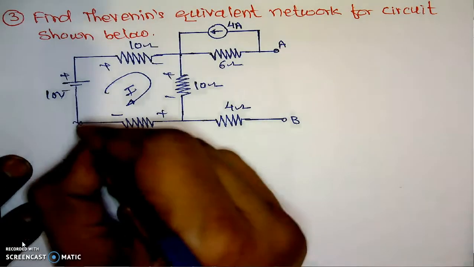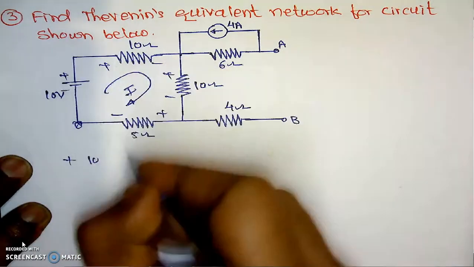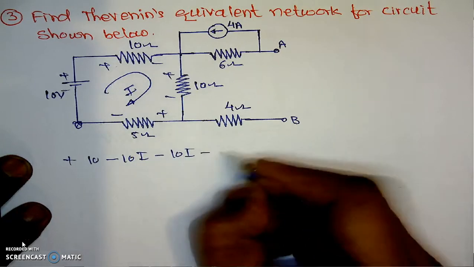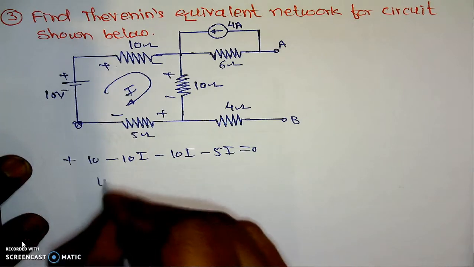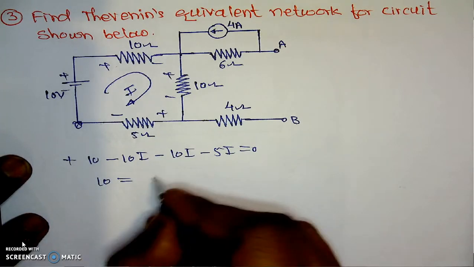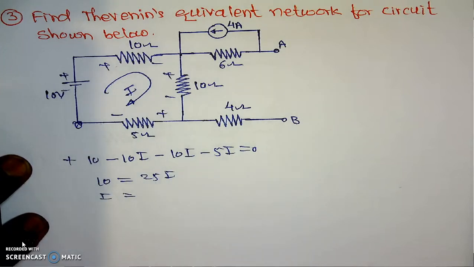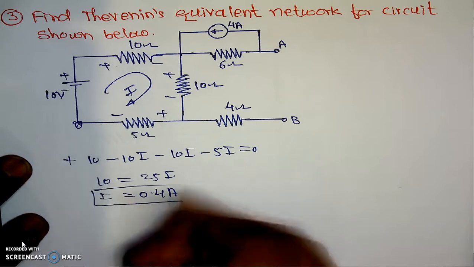We are traveling from this point in the loop in the upward direction, negative to positive plus, positive to negative minus 10i, then minus 10i, then minus 5i, which is equal to 0. Indirectly this 10 is equal to 25i, or I is equal to 10 divided by 25, which is equal to 0.4. 0.4 amperes is the current.